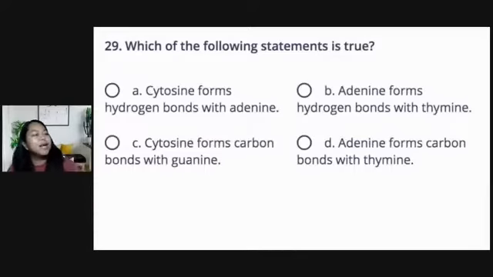Ayun, nanawagan na sila sa kanilang mga kaklase. Maraming wala. Nakalimutan nilang meron tayong live tonight. Okay, what's your choice for 29? Number 29.